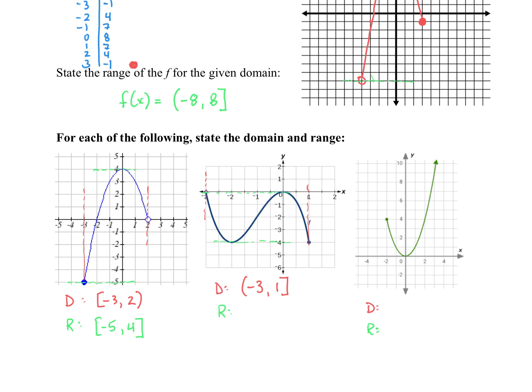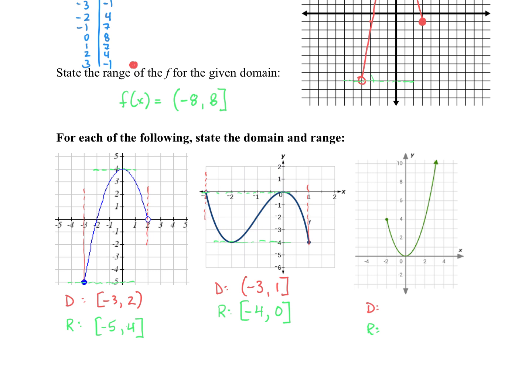The lowest value is -4, and it definitely touches -4, so that gets a bracket. Now, the highest value is 0, and you might be thinking parentheses because this is an open circle, but it touches here. So even though it doesn't touch here, it does touch here. So this actually gets a bracket.